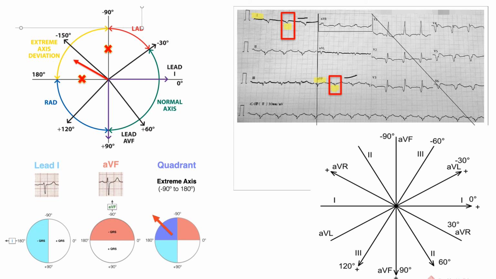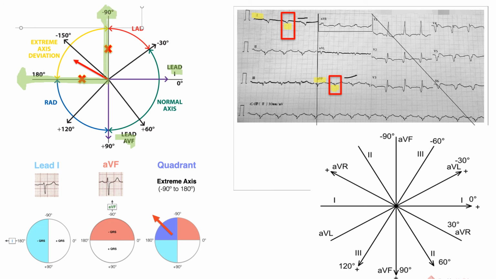What are we going to do? We're going to go to our axis. Here is lead number 1. I'm going to have to draw it in this direction for our lead number 1. For lead AVF, I'm also going to draw it up here towards the negative 90 because it also has a negative vector.